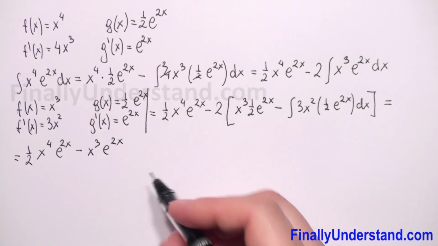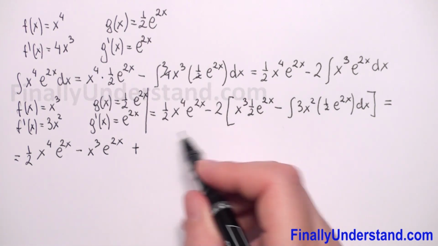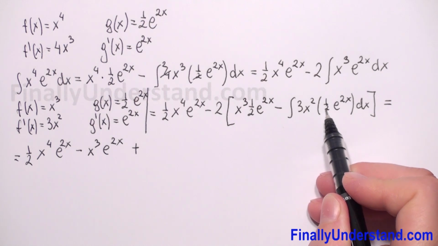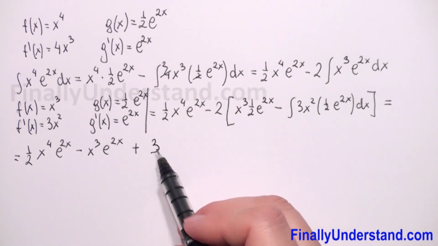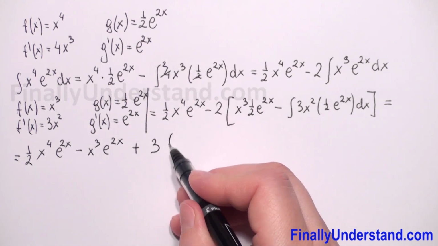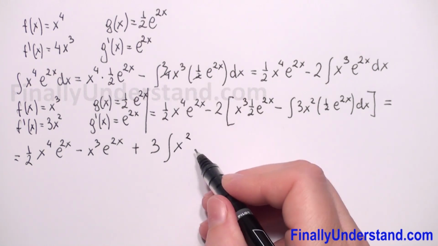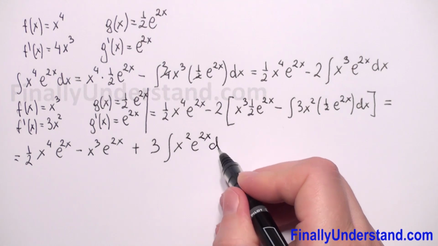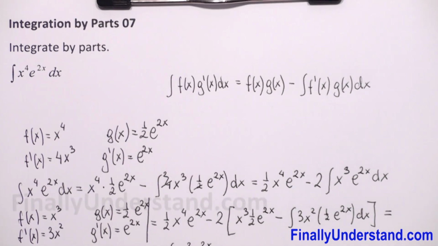Negative times negative gives us positive, and we have 2 times this integral, because we have here 1/2, so again 2 we can reduce, so what is left? We have 3, which we will put before the integral, and we have the integral of x squared times e to power 2x with respect to x. We see our integral became simpler.